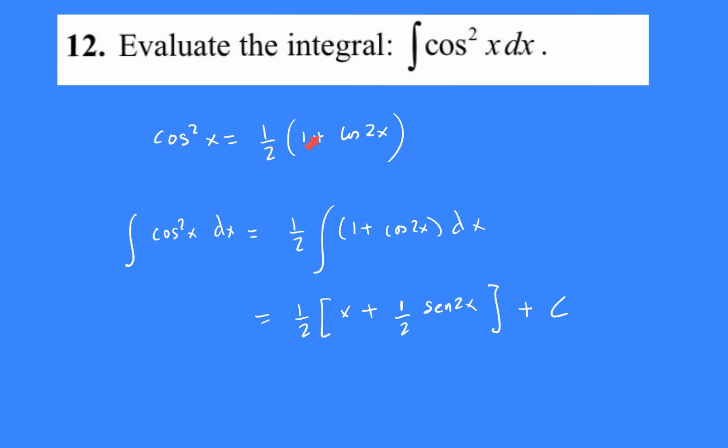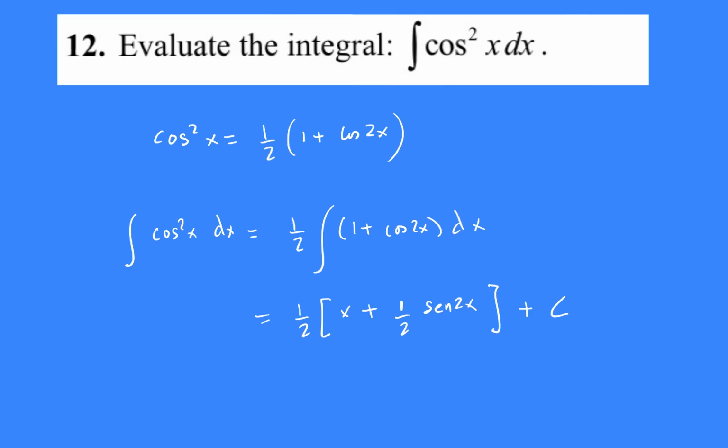So you substitute it and you can find the integral immediately because very easy integrals appear. The integral of 1 dx is x, the integral of cosine of 2x is sine of 2x divided by 2, and this is the result.